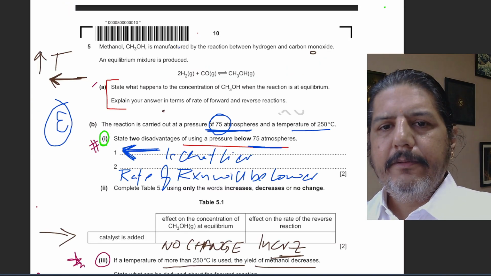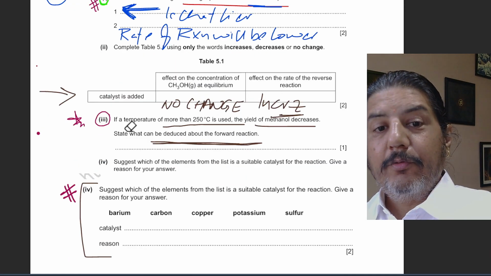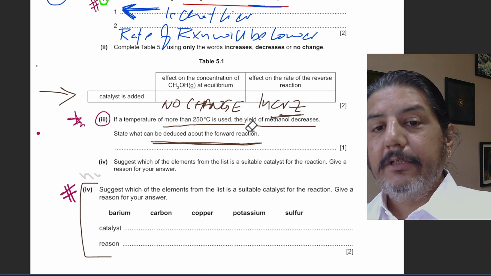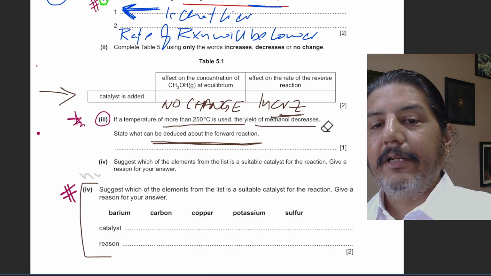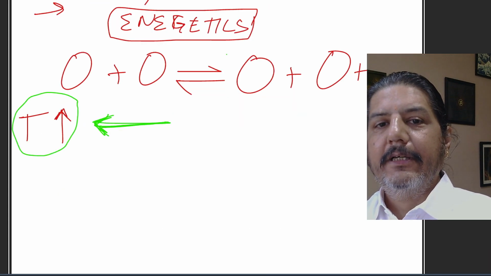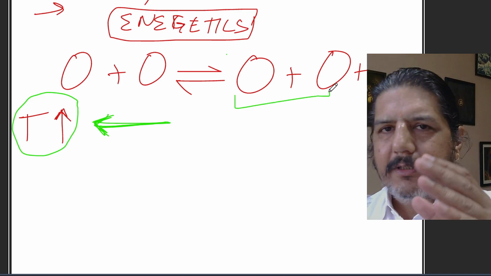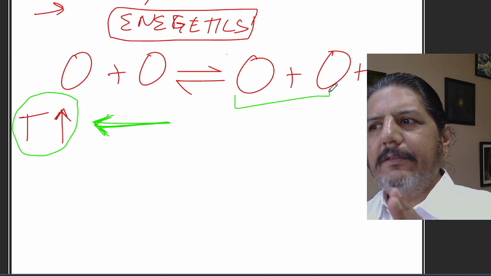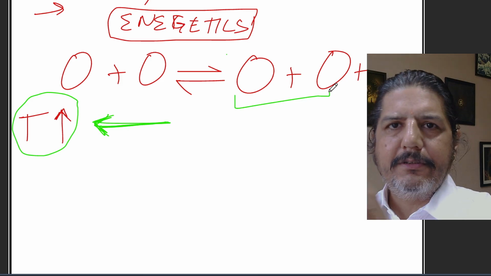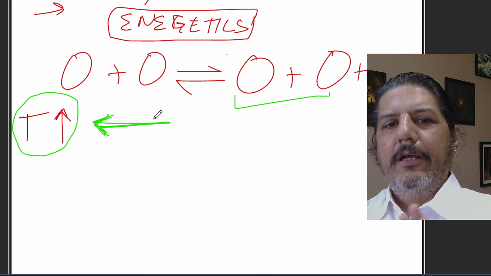So if you look closely, this is what the question says. If a temperature of more than 250 degrees Celsius is used, the yield of methanol decreases. So the yield of methanol is decreasing, which implies that because methanol is being created here, its concentration is decreasing. That implies that the equilibrium has shifted in the reverse direction.